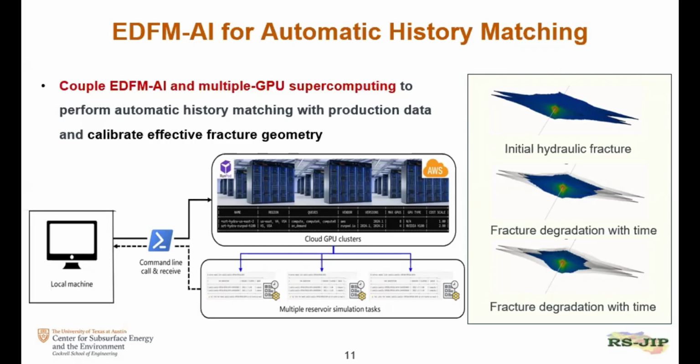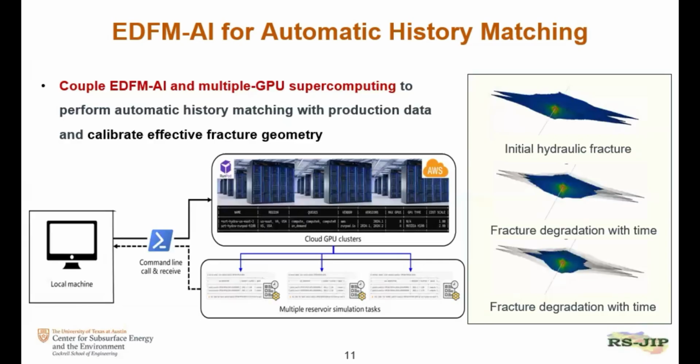And a recent feature that we just developed, and also we are still trying to improve, is the fracture degradation. So you can see here the fracture geometry when we initially frac it, the effective geometry maybe at the very beginning is large, but when the production continues, the fracture degrades with time.